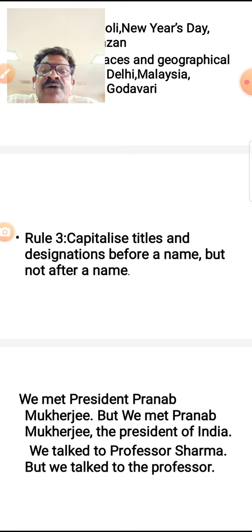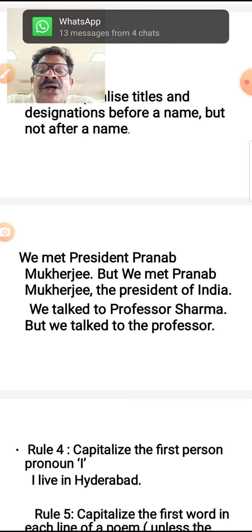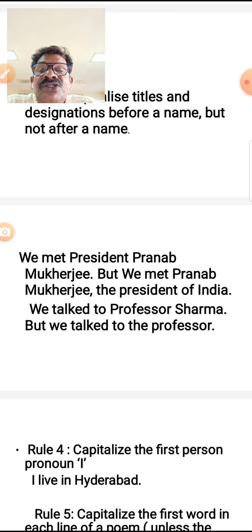Now, several examples have been given to you for your comfort. Just have a look. We met President Pranab Mukherjee. The sentence started with We, right? As you know, according to rule number 1, the beginning of a sentence should start with a capital letter.